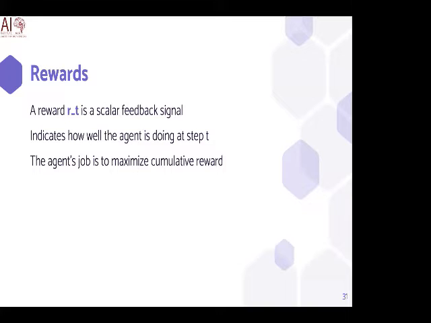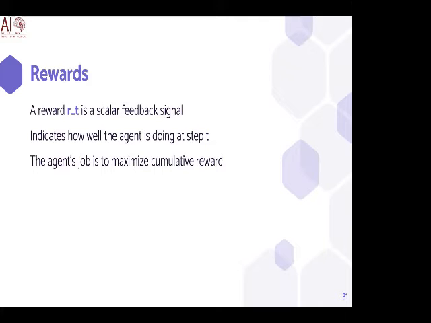What is a scalar feedback signal? It's a single number. It's not a vector. There has been some work on the reward being other kinds of structures, but in the canonical formulation, it is a scalar signal, which indicates how the agent is doing at each time step.